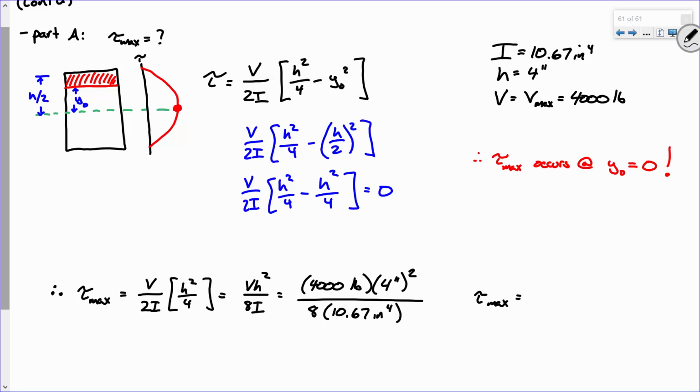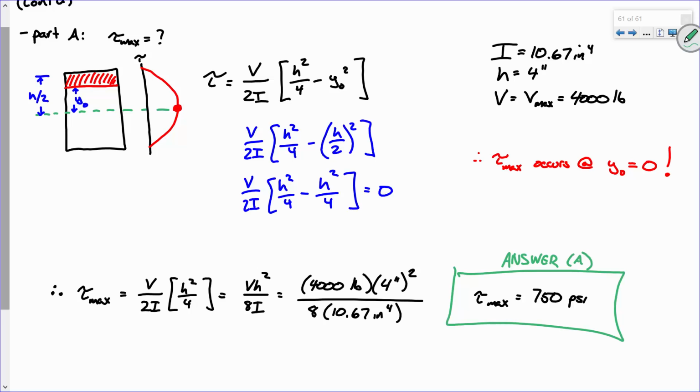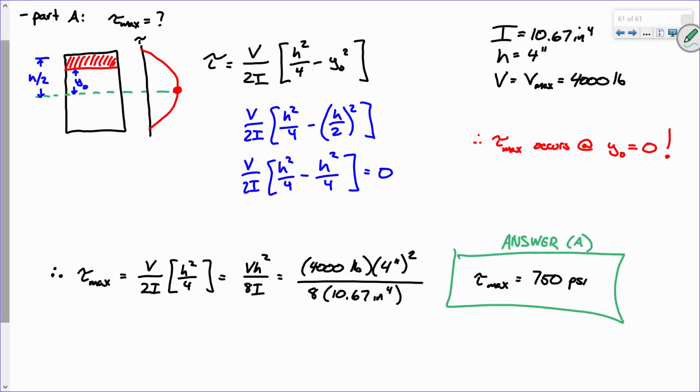If you carry out your decimals on that bottom, it comes out to exactly 750. Isn't too bad, is it?